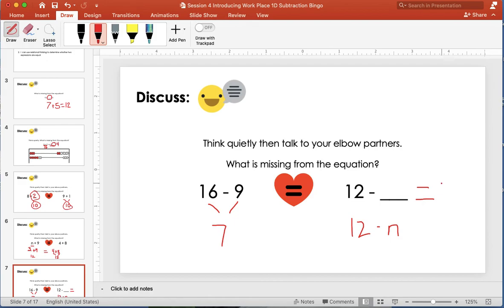I'll give you about 5 seconds to think about that. And your answer should be 5. 12 minus 5 equals 7. So then that means that these two equations are equal to each other. That's relational thinking.